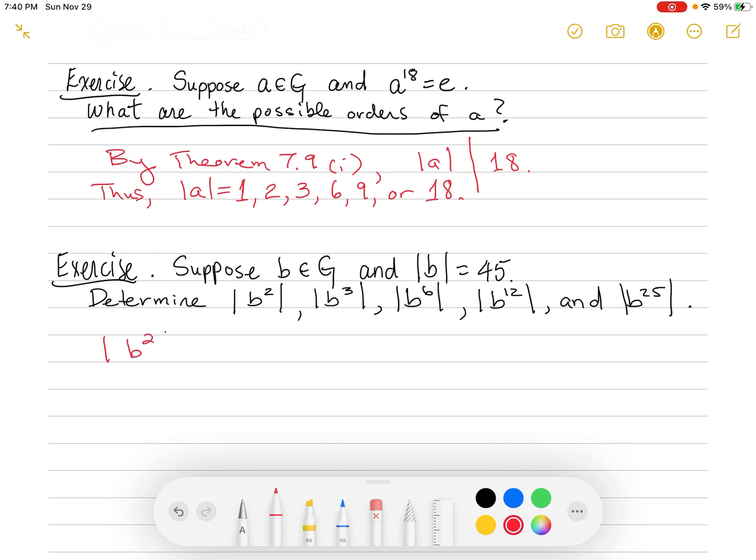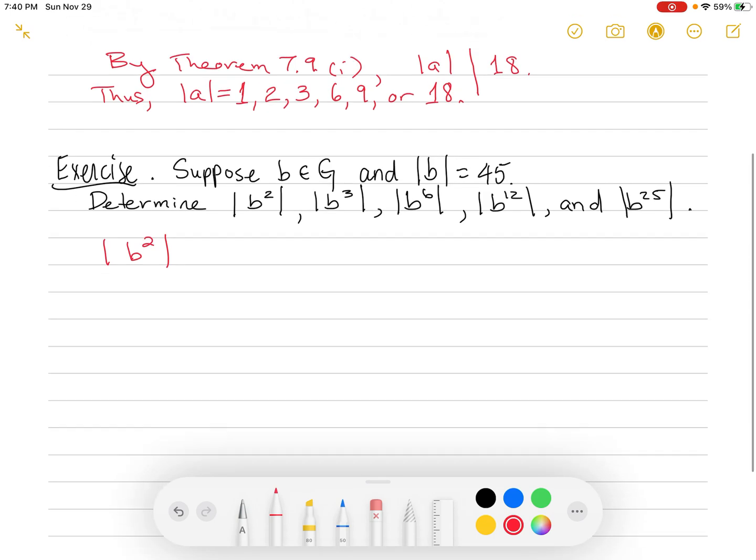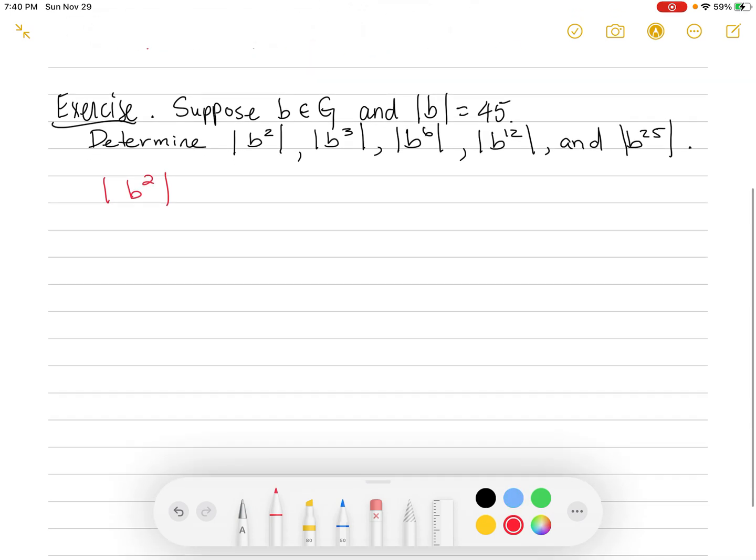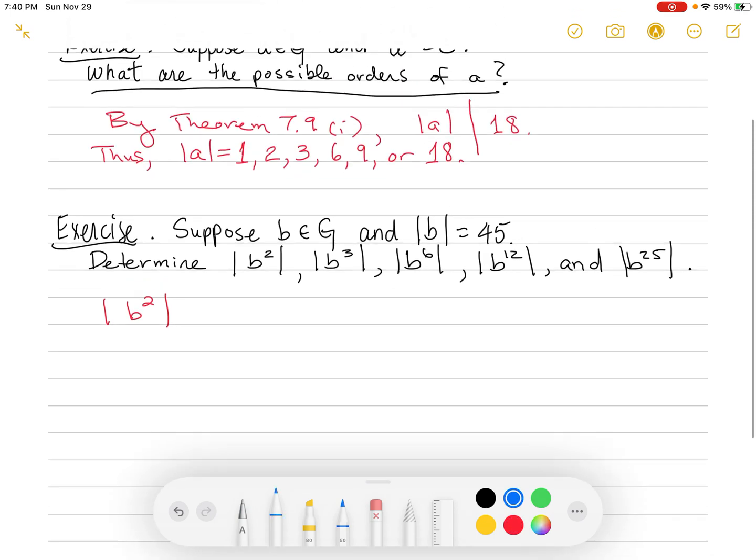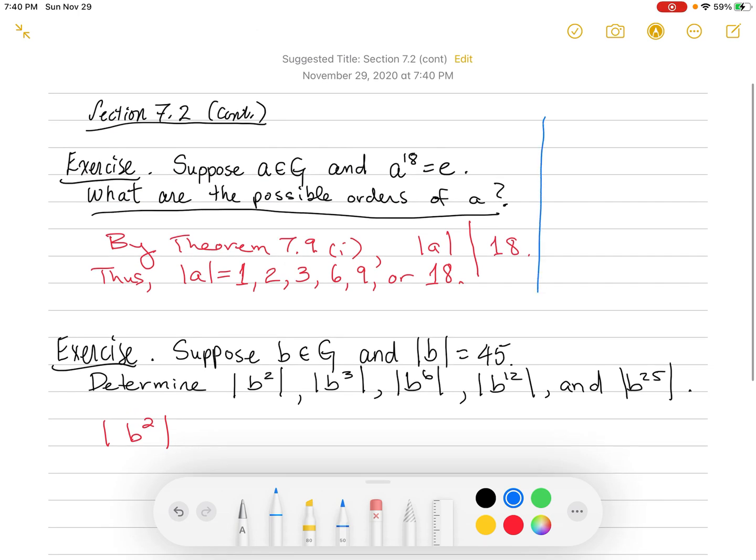So how do we find the order of B to the second? Good question, right? Well, you've got to use your famous theorem. So let's go back to our theorem 7.9, number 3. So I'm going to write that here. This one's not in the book. This is one that I did in the video.